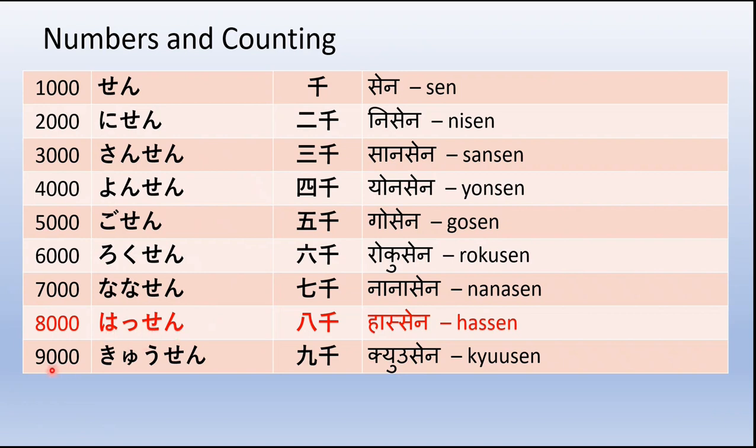And finally, 9000 is kyusen. So this is the generic rule by which we can form 4-digit numbers, or numbers in thousands.